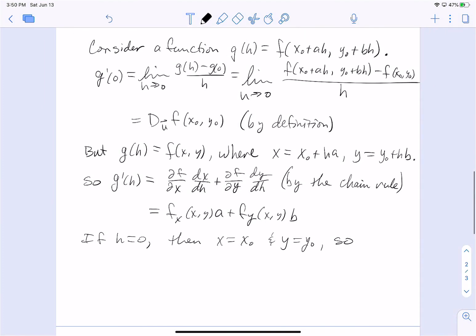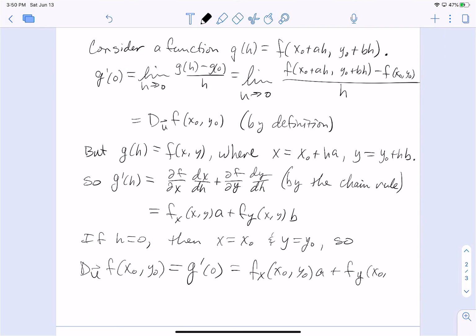So the directional derivative in the direction of u of f at x naught, y naught, which we already said is g prime of 0, is given by the partial of f with respect to x at x naught, y naught, times a, plus the partial of f with respect to y at x naught, y naught, times b, where the first equality is by the definition of a derivative, and the second equality we obtained by the chain rule.